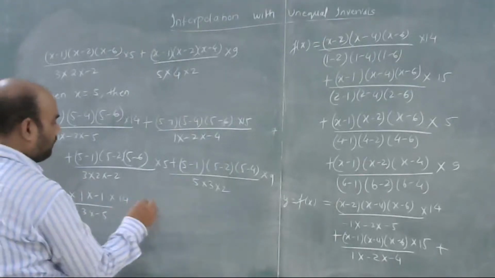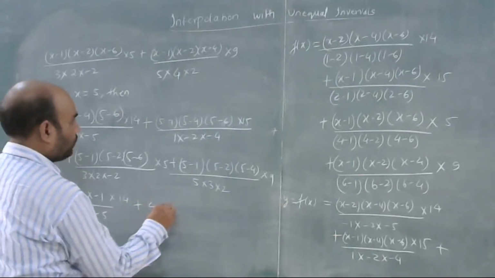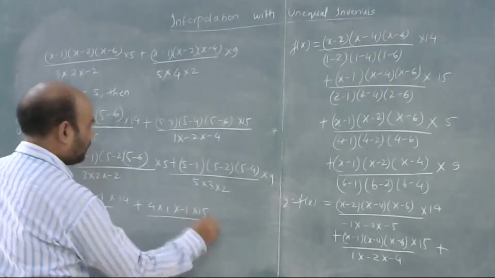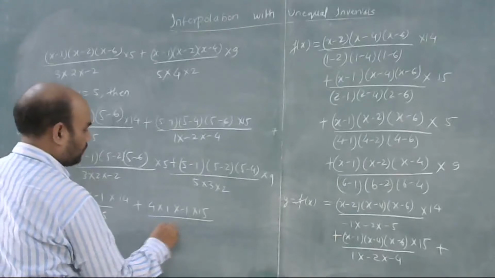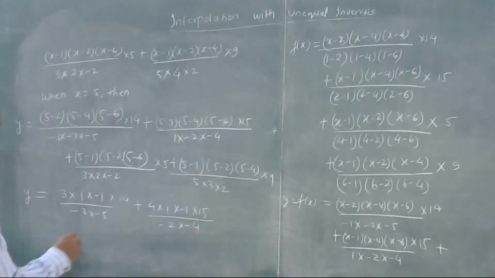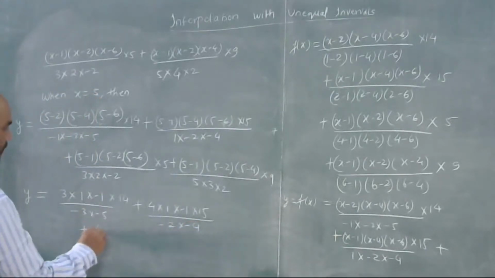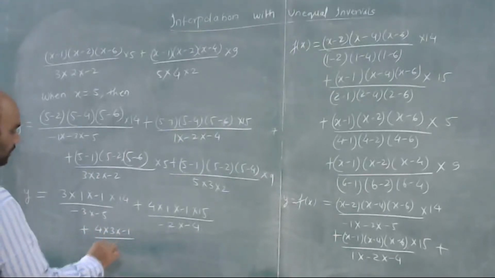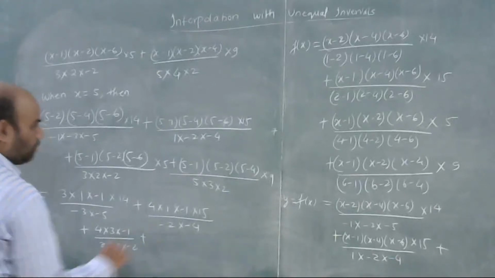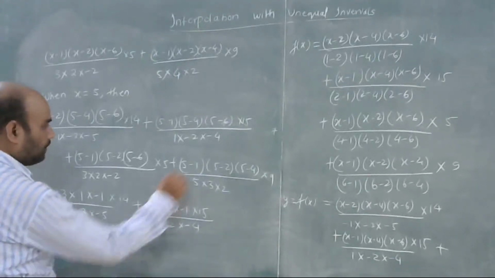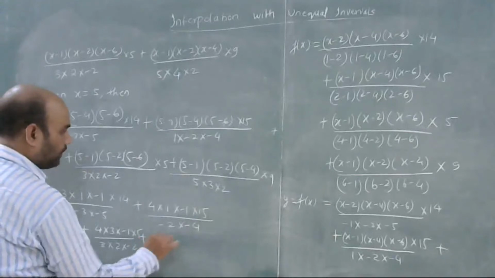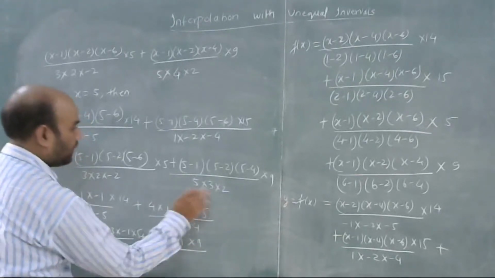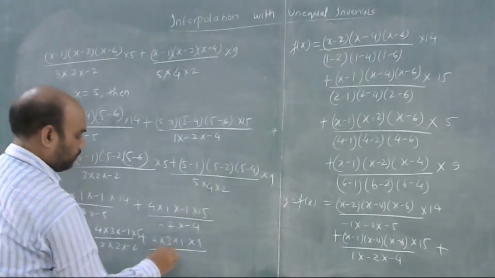This will be 4 into 1 into minus 1 into 15 divided by minus 4 into minus 4, plus 4 into 3 minus 1 divided by 3, plus into 5. This will be 4 into 1 divided by 5.